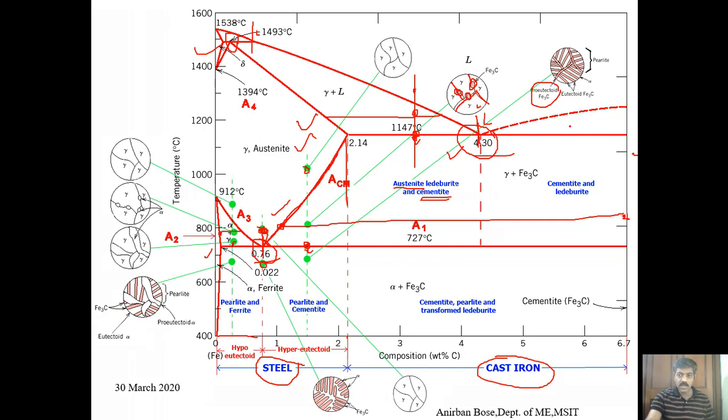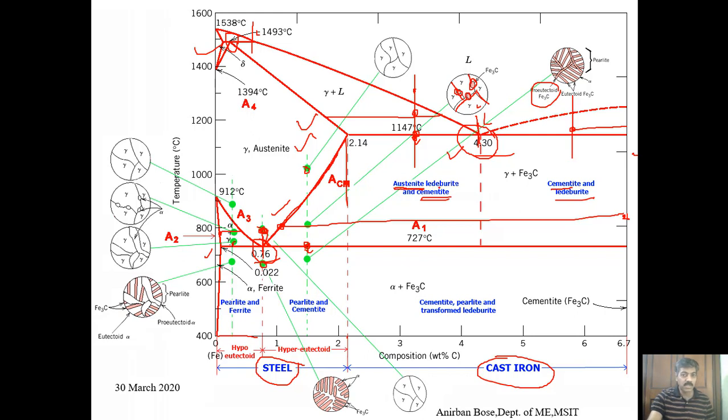Here also, if you cool from this side, that means if it is hyper-eutectic, then what is the pro-eutectic phase? The pro-eutectic phase will be cementite. So cementite will be there, and what else will be there? The ledeburite will be there, because that liquid will be converted into ledeburite. So cementite and ledeburite will be there, and here what will be there?